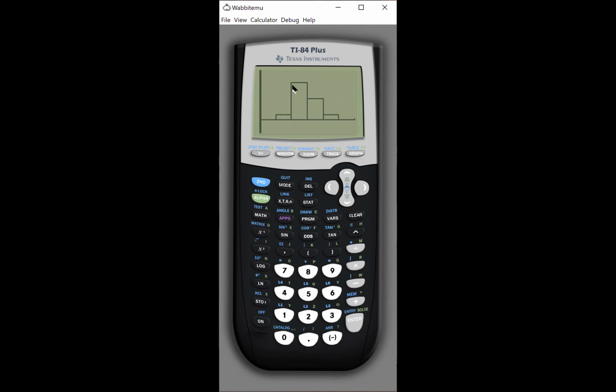So I'm going to draw that on my sheet of paper. So it became more normal, it became more symmetric. So let me go ahead and see if I can do this.